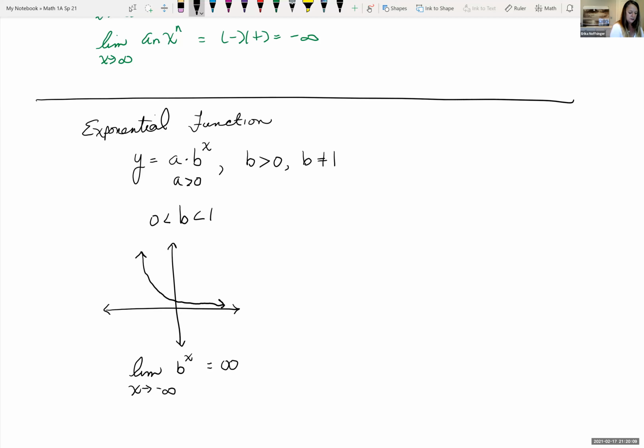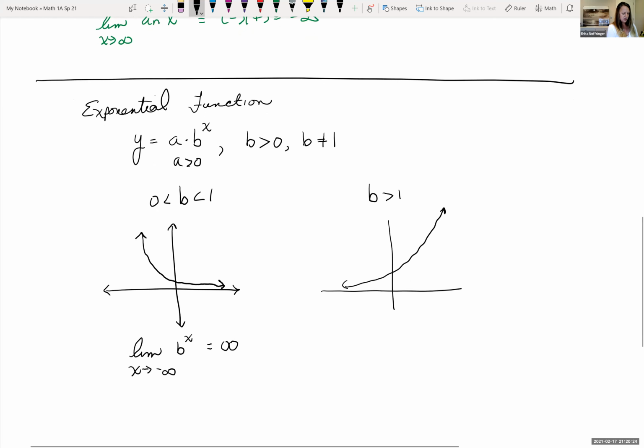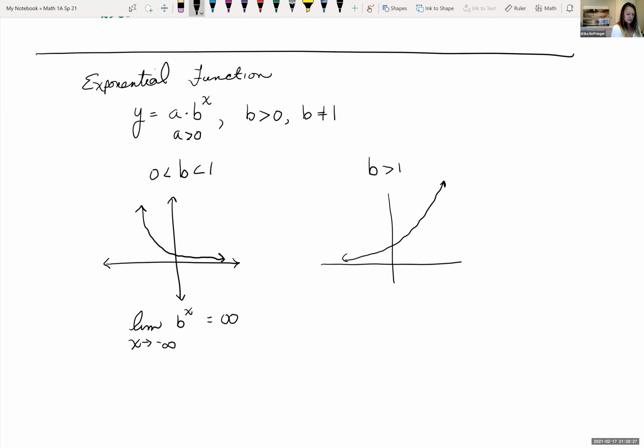If we look at the exponential function where your base is a number greater than 1, recall that when you graphed your function, maybe I should go back to this other exponential really quick. Let's look at the limit as x is going to positive infinity in this case.